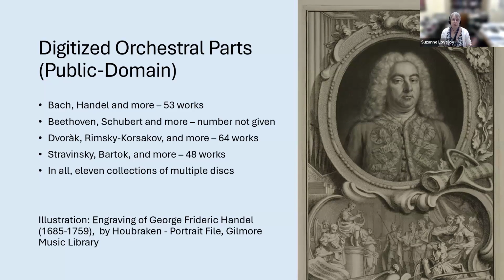A part is much easier for an instrumentalist to read, and because they were not collected by libraries, if they weren't in the musician's own orchestra library, they really didn't have a way to access them usually without going through some kind of special collections route.